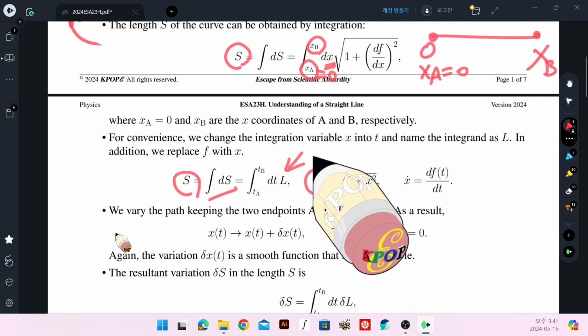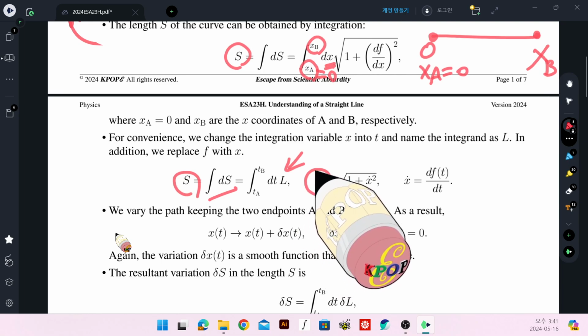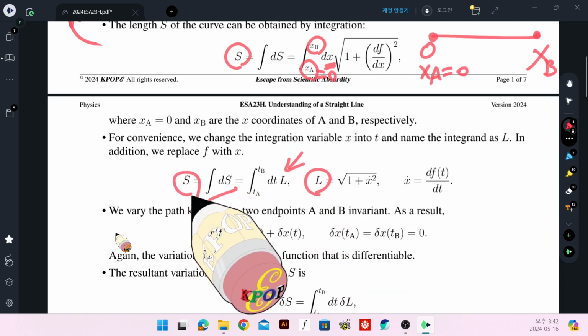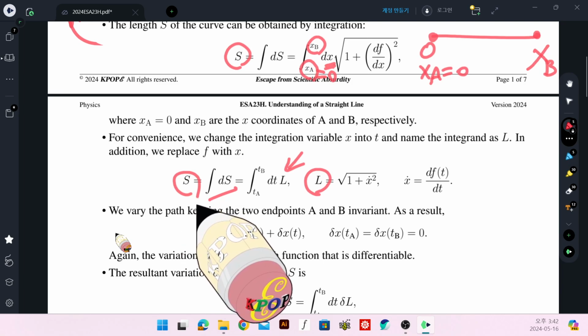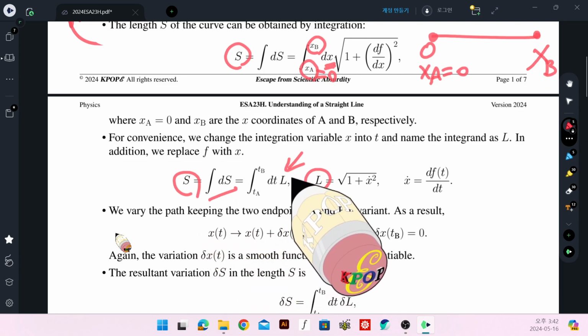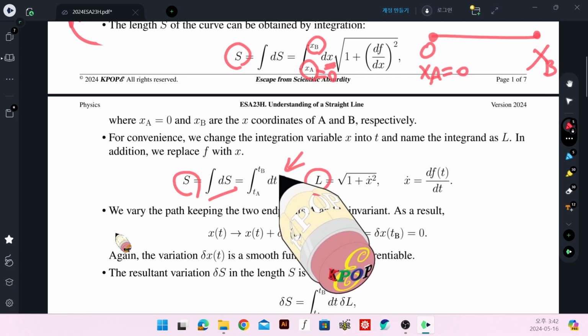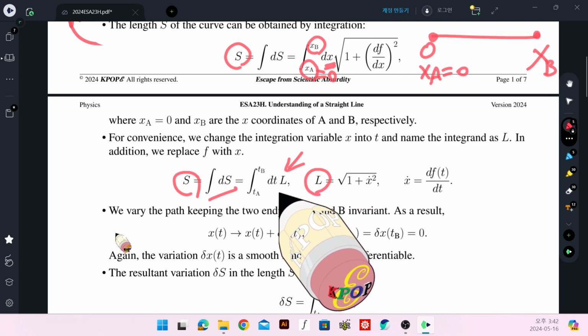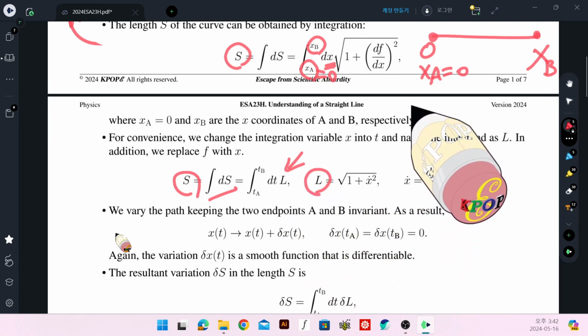In case we study classical mechanics, equation of motion, Newton's laws of motion, then we will call this function L the Lagrangian and S the action. But right now, it is just a function L, and this function depends on the path, the shape of the curve.